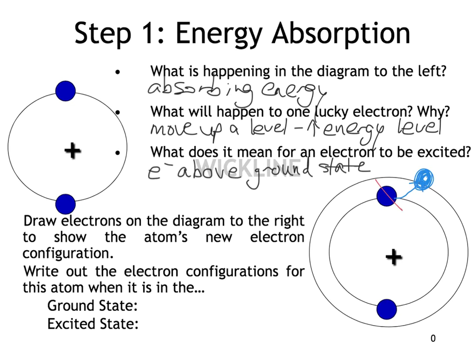And I'll just cross this one out down here. It's not going to be there anymore. So when this atom was in its ground state, its electron configuration was simply 2. But here it is in its excited state, and its electron configuration is 1, 1, indicating that it has 1 electron in orbit 1 and 1 electron in orbit 2.